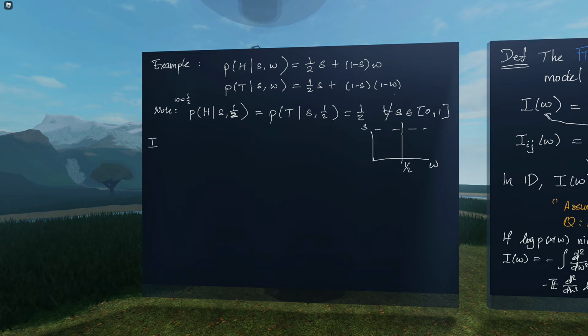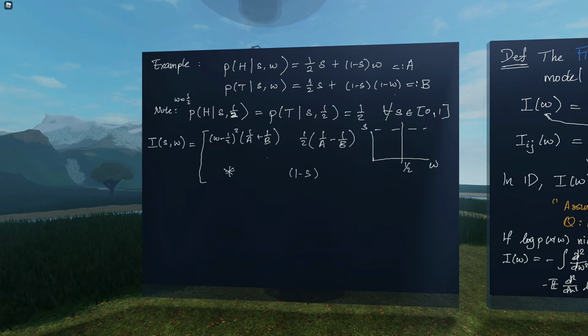And I spent some time computing the Fisher information matrix in this case. So if we call this expression A and this expression B, because I don't want to write them out a lot, this Fisher information matrix is actually given by W minus half squared, 1 over A. And because it's symmetric, I won't write this out.